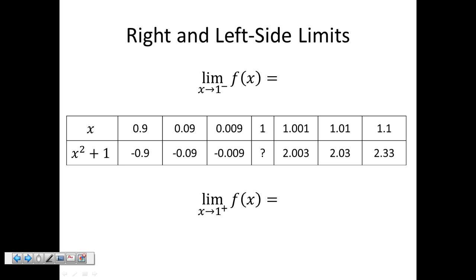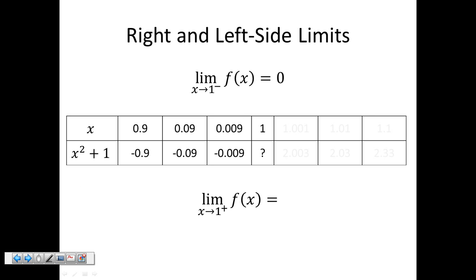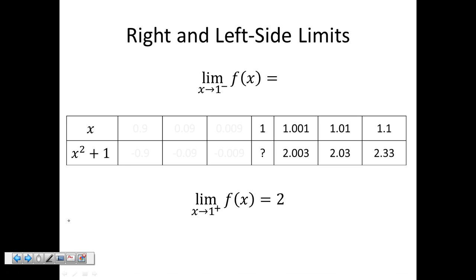Taking the limit as I approach from the right, I've got to look at the right side of the table. When I approach from the left, I start out at negative 0.9, then I go to negative 0.09, negative 0.009. That limit is going to 0. When I approach from the right, 2.33, 2.03, 2.003, that limit is going to 2.